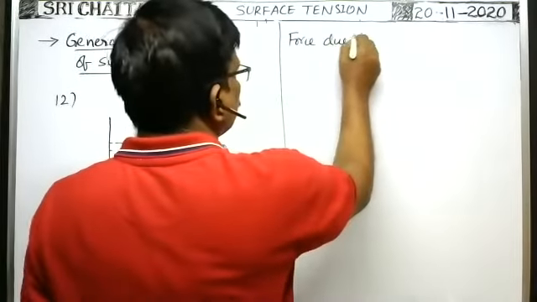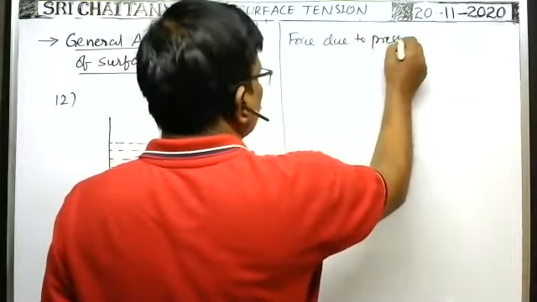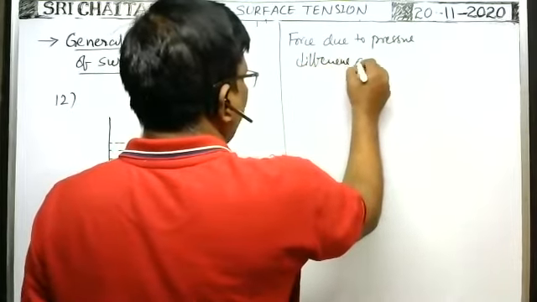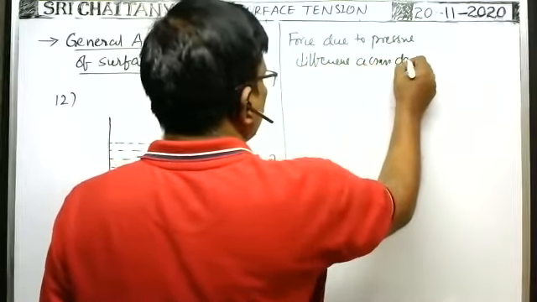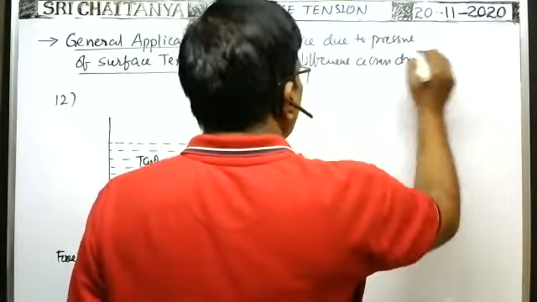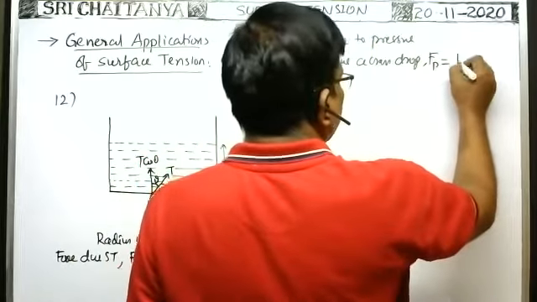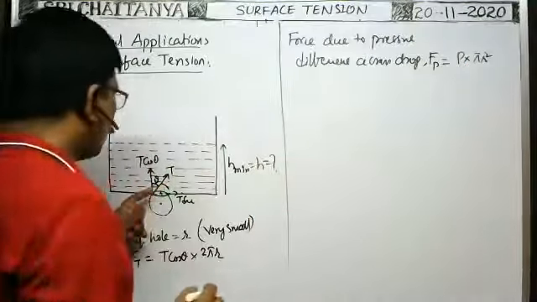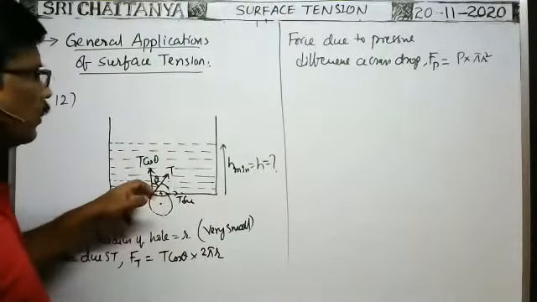Force due to pressure difference across the drop, Fp, is equal to pressure into area, pi r square, because this hole has area of cross section pi r square.